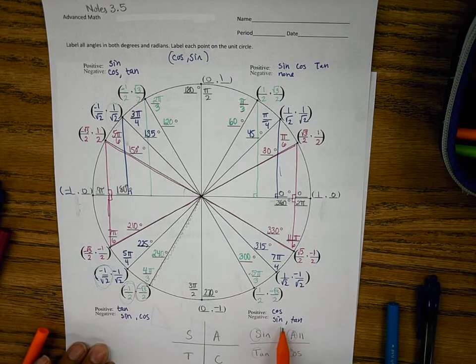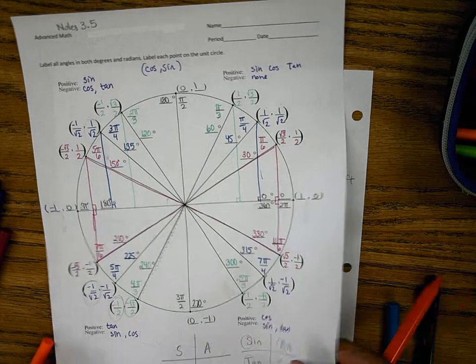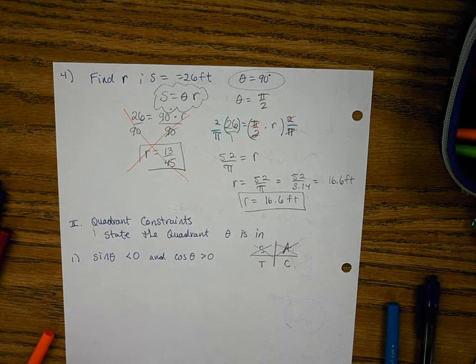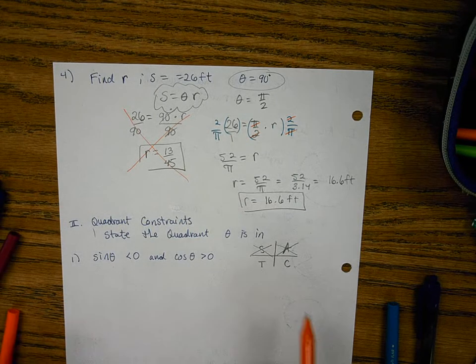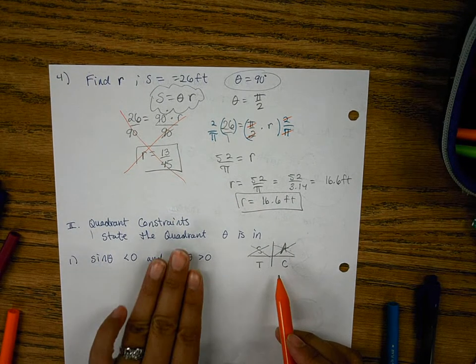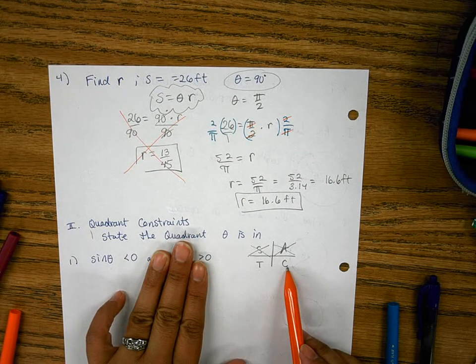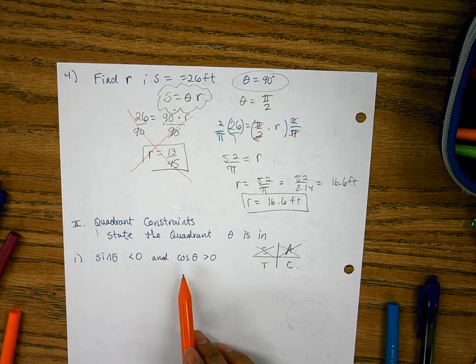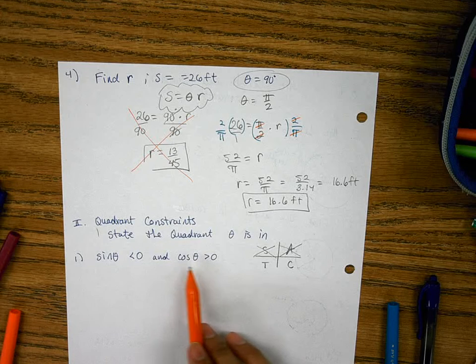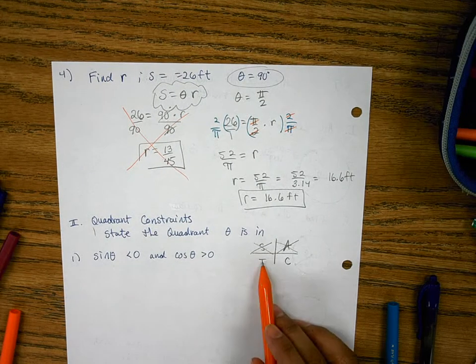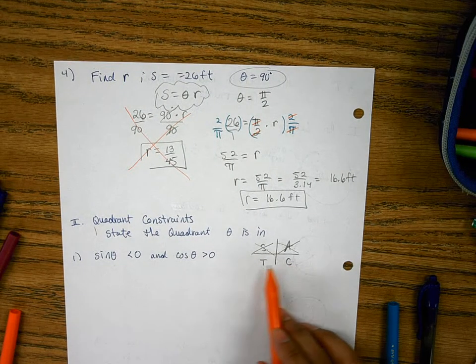We're looking for the places where sine is negative. Sine is negative here, and sine is negative there. So it's going to be one of these 2 quadrants. So if this was all I gave you, that's not enough because we don't know if it's quadrants 3 or 4.